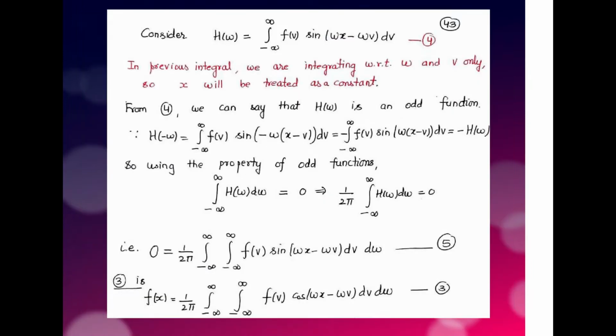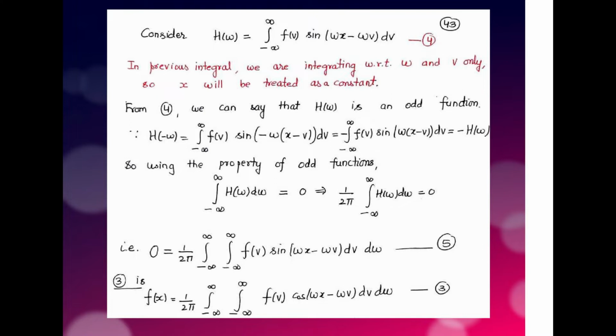As discussed for the function g(w), now we define h(w). This is the integral from minus infinity to plus infinity of f of v sine of (wx minus wv) dv. From 4, we can say that this function h(w) is an odd function of w.